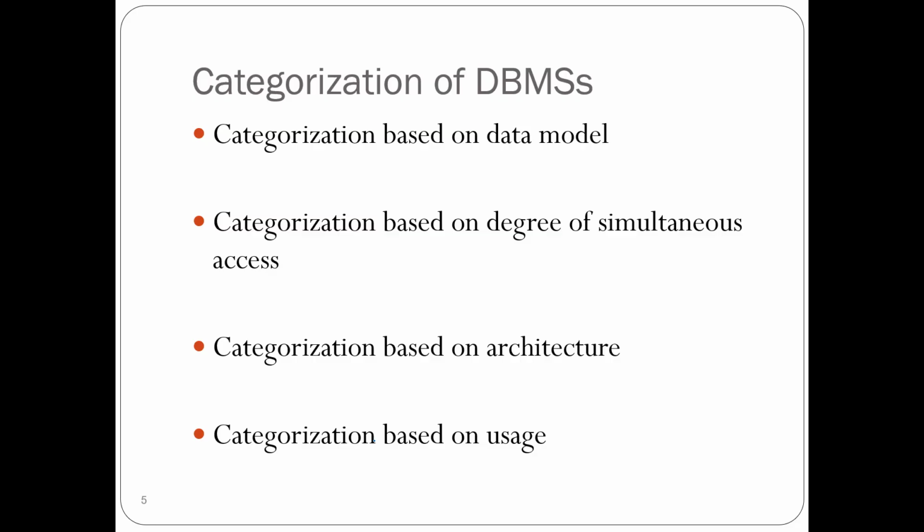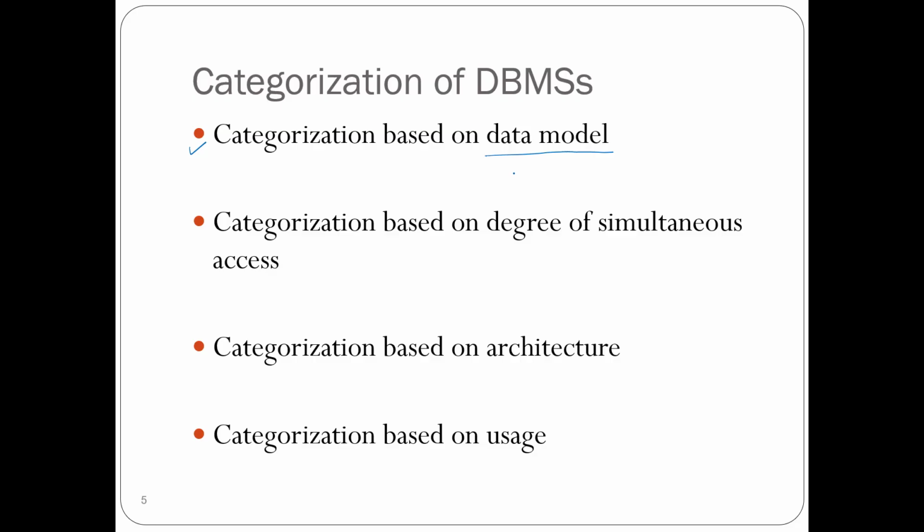So here we have all these criteria. Let's look at the first one. In the first approach, you can categorize DBMS based on the data model. Some databases are of the relational type. Some of those are the network type. There are some which are based on the hierarchical data model type.